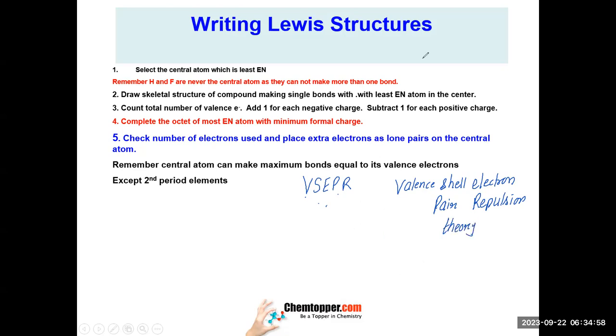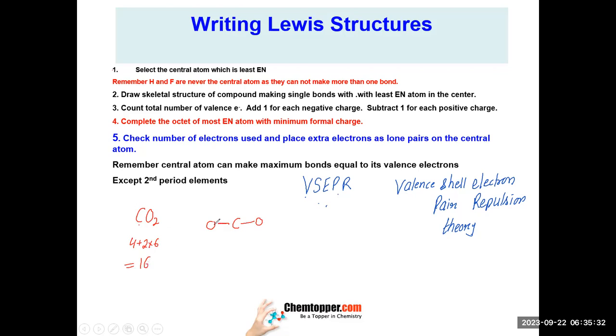You know how to draw the Lewis dot structures now. We know all these rules. For example, if I say draw the Lewis dot structure of CO2, you follow the rules. C is the central atom. Make the skeleton with 2 oxygens. Count the total valence electrons. Carbon is 4, oxygen is 2 times 6, so 16.